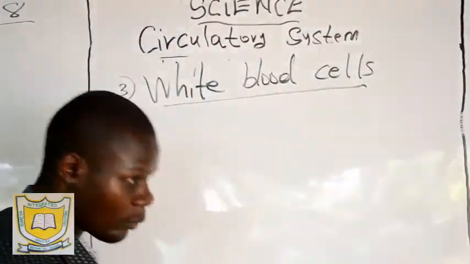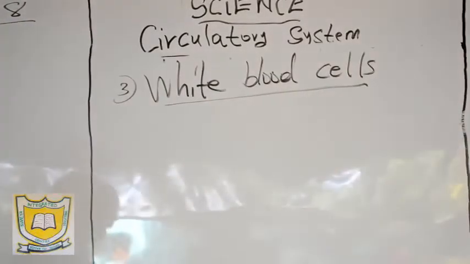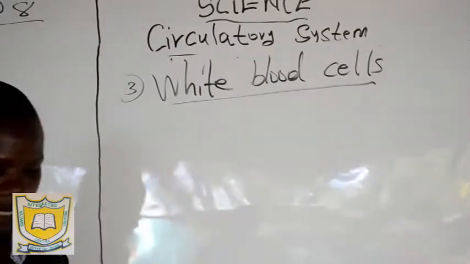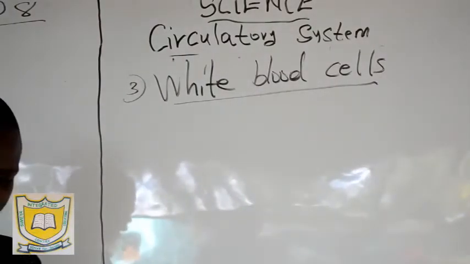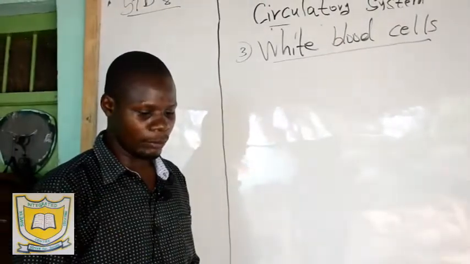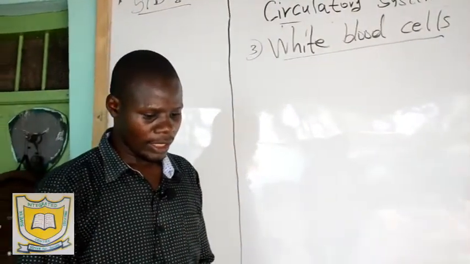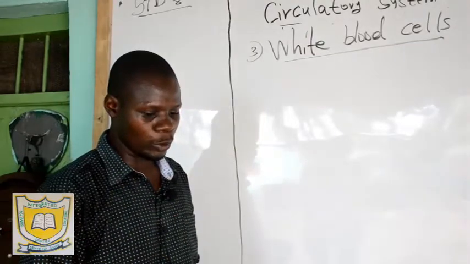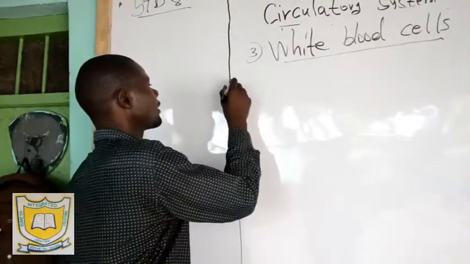Now, what are the white blood cells? What is their shape and what is their function? You find that white blood cells are made in the red bone marrow, spleen, and also lymph nodes.